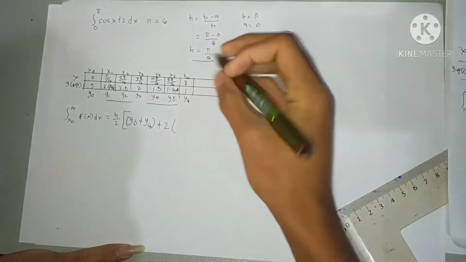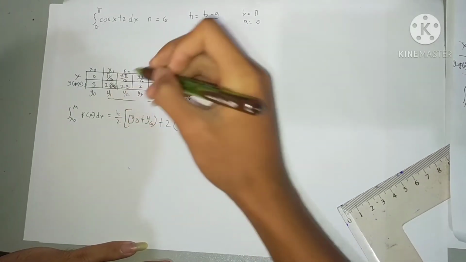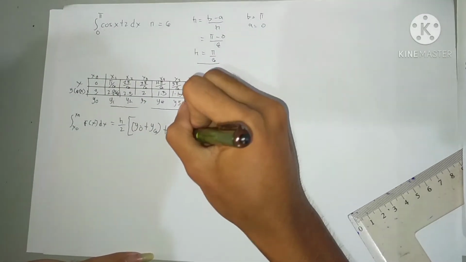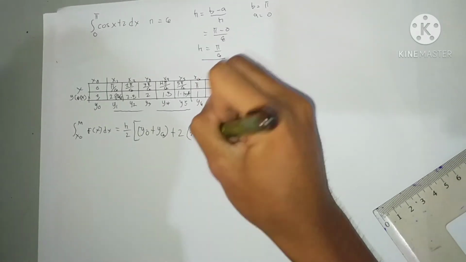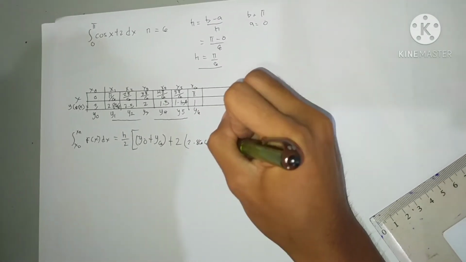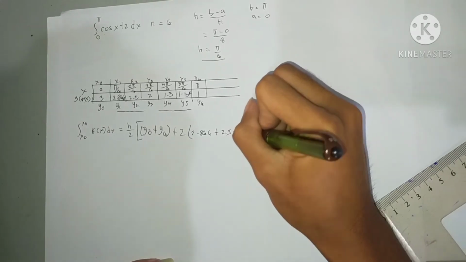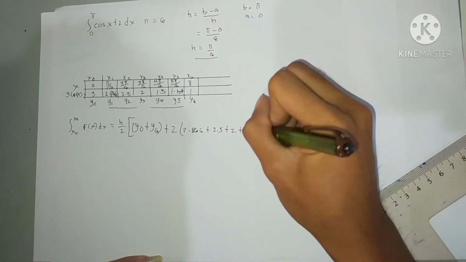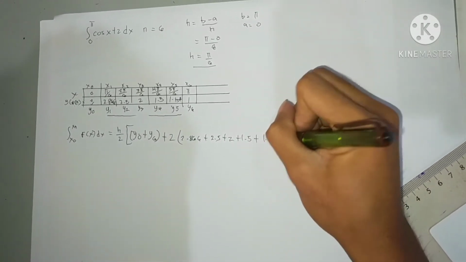So we need to get the value of 2.866 plus 2.5 plus 2 plus 1.5 plus 1.134.